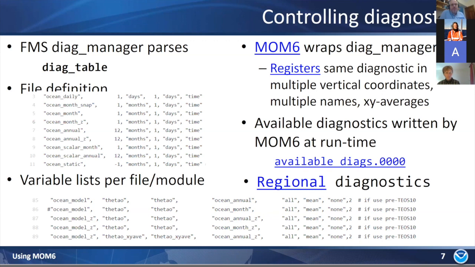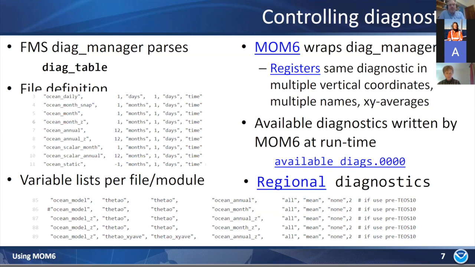It has a beginning segment where you define files. And so here I'm showing some files called Ocean Daily, Ocean Monthly, Ocean Month Snap, Ocean Annual Z, and so on. And you specify in these files frequencies of output. So these are going to be the frequency for either a snapshot or a time average. And then lower down, you list the variables and you associate a variable with a file, and a variable can be associated with many files.